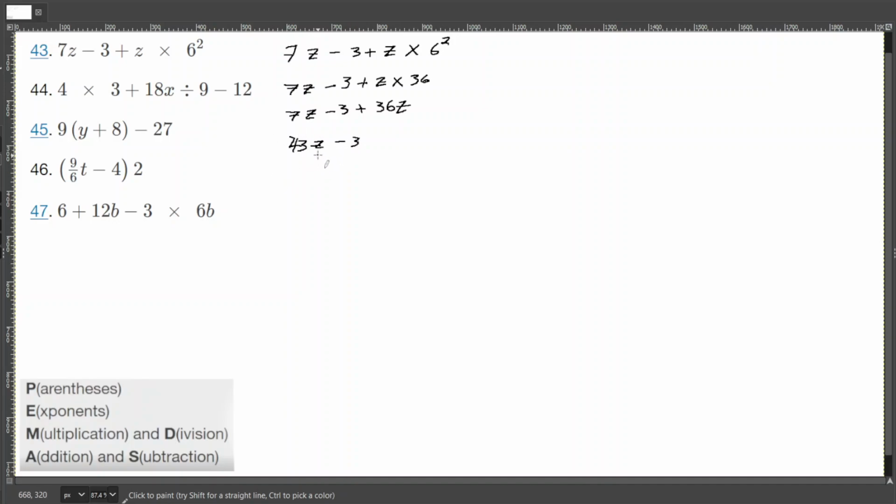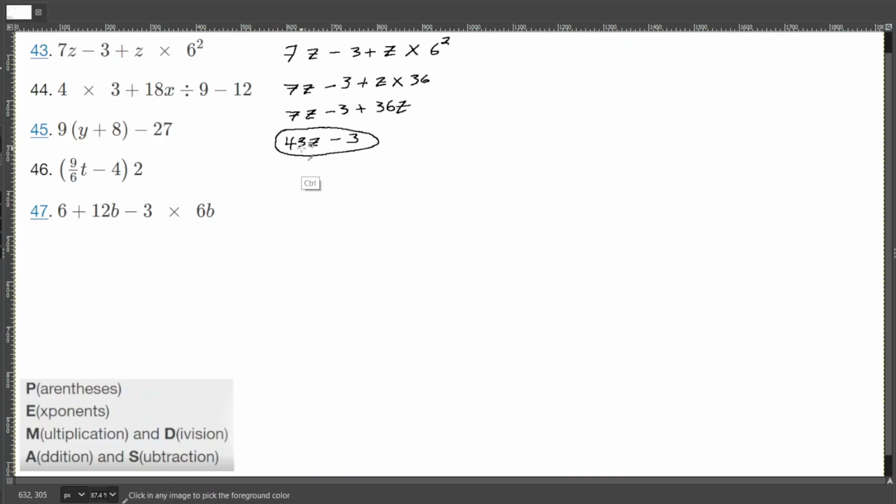And that's going to be our answer, people. We can't go any further than that. Let me write it a little cleaner. 43z minus 3. So that's going to be our answer for number 43.